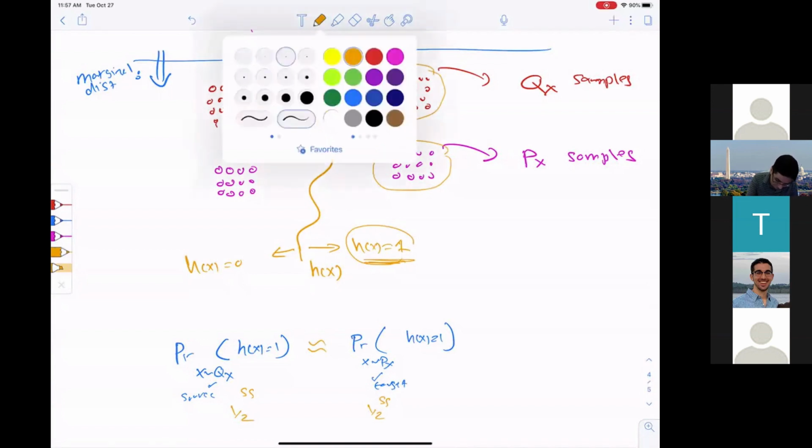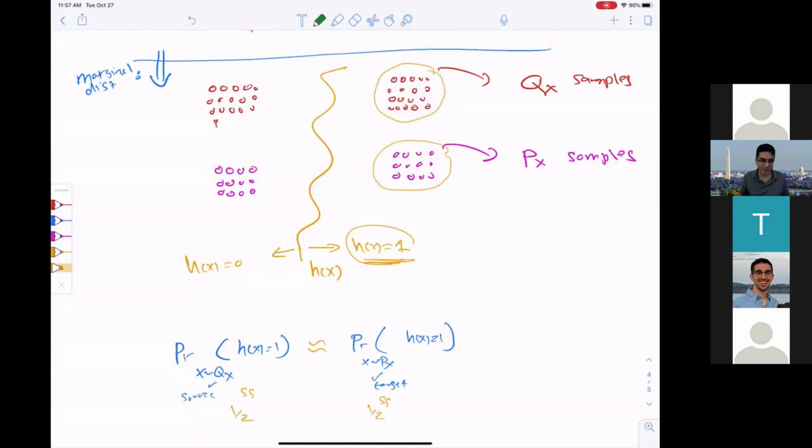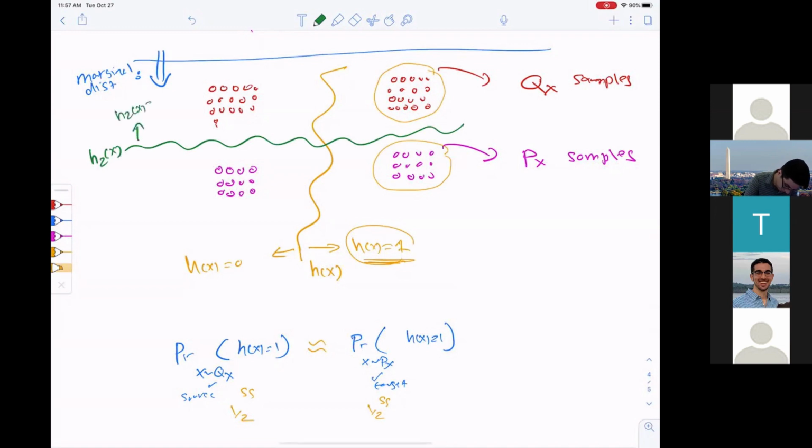Okay, so I need more color. That's a good thing about having an iPad, you have more colors. Let's say I pick this function. So let's say that's my h2(x). And let's say on this part h2(x) is 1, and on this part h2(x) is 0.